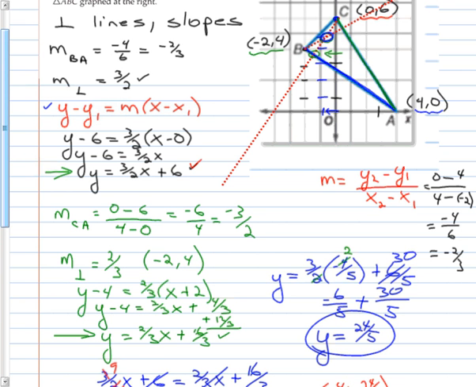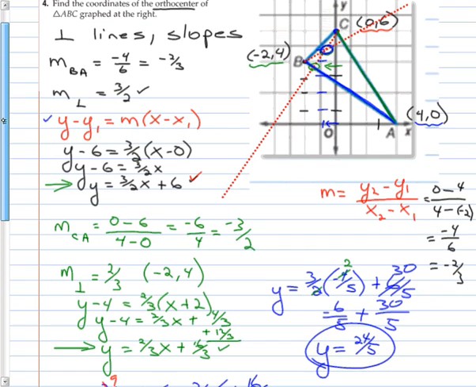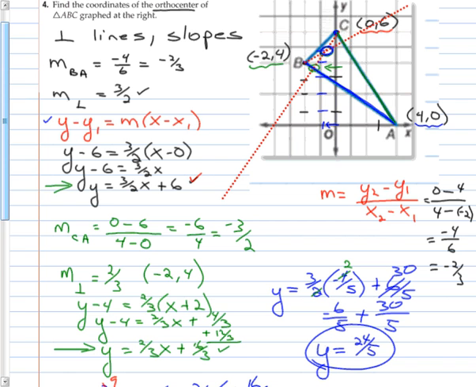Now I'm going to step you through again what we did, because this is the most complicated thing we have today. The first thing is I picked a line that I'm going to be perpendicular to. So I picked this blue line, BA. I found the slope of that blue line. It was negative 2/3. So I know that my altitude is going to have a slope that is the negative reciprocal of that.